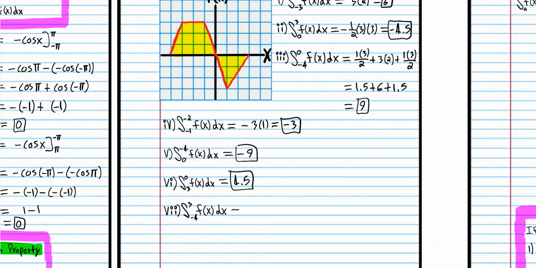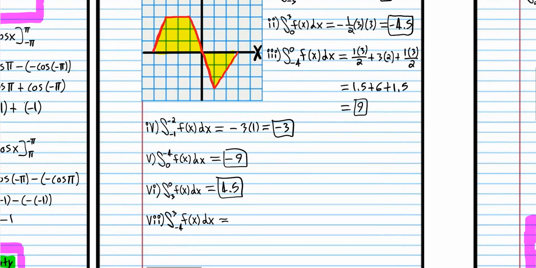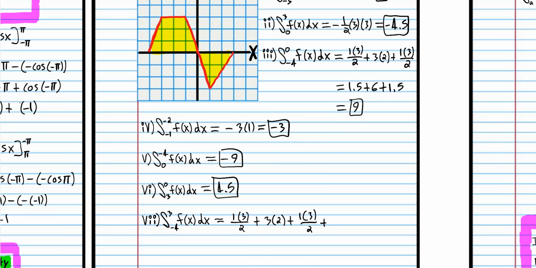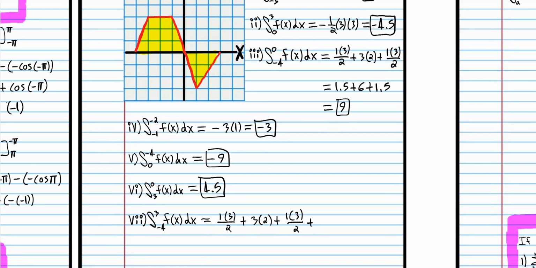So we can just use the numbers that we already found, but rather than do that, I'm going to go ahead and just calculate each thing individually. So we have the area of a triangle plus the area of a rectangle plus the area of another triangle plus the area of another triangle, which is base times height divided by 2.